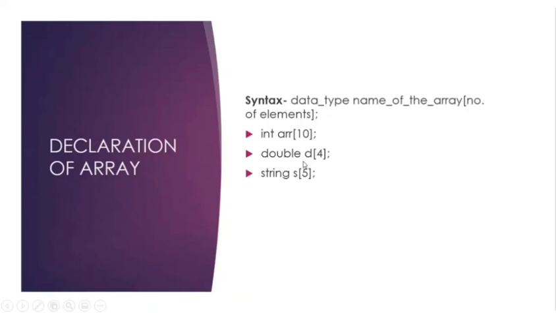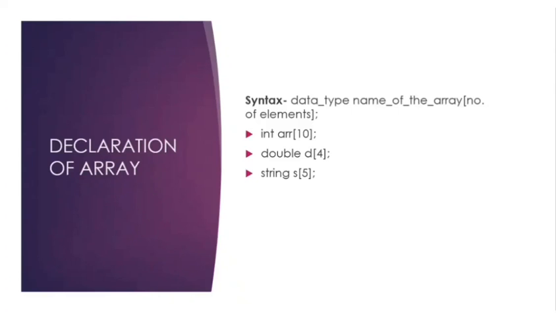Similarly, double d, string s[5]. Now remember, the length of an array cannot be in decimal form, nor can it be negative. So it should always be a positive integer.